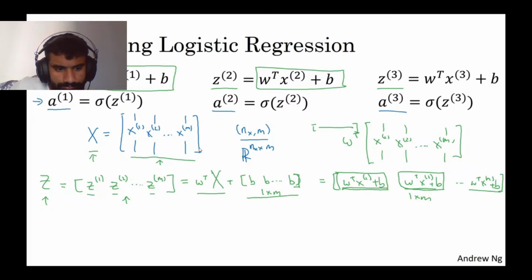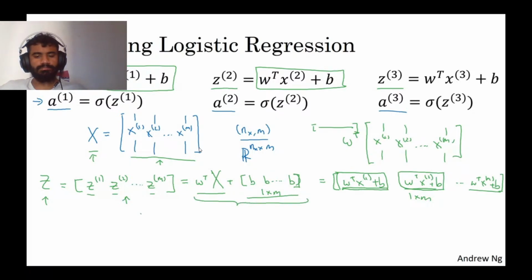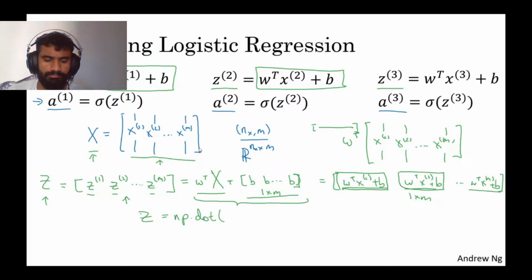And it turns out that in order to implement this, the numpy command is capital Z equals np.dot(w.T, X), that's W transpose X, and then plus B. Now, there is a subtlety in Python, which is that here, B is a real number, or if you want, a 1 by 1 matrix, so it's just a normal real number.